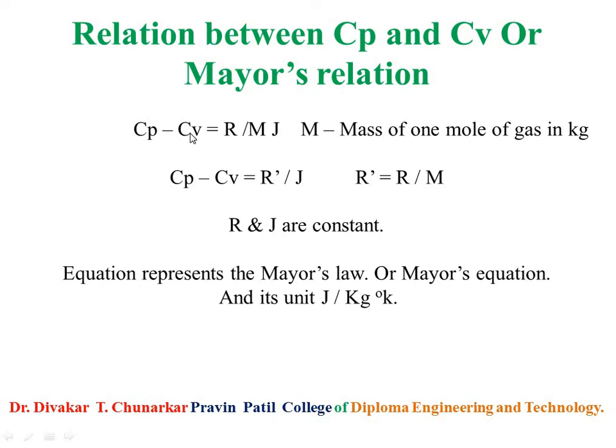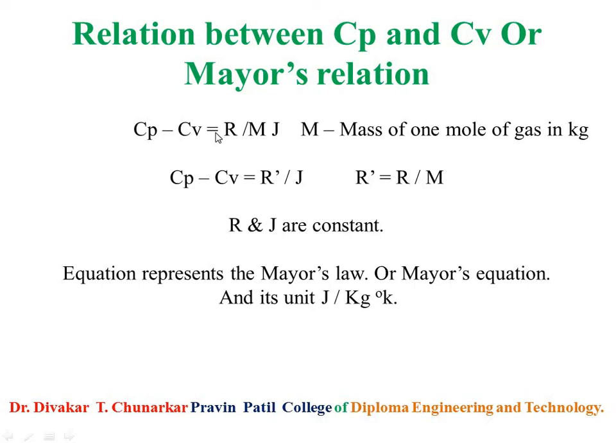The relation between Cp and Cv is given by Cp minus Cv equals R upon J. Here R is the universal gas constant when the mass of the gas is 1 kg mole.